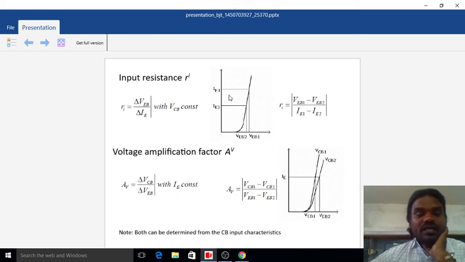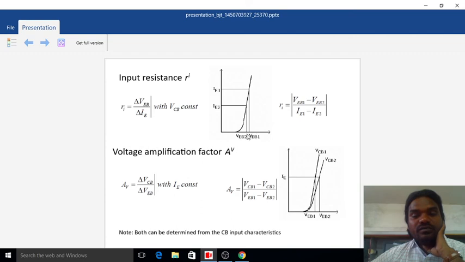From the input characteristics we can calculate two parameters. One is input resistance, the ratio between the input voltage and the input current. We are going with the approximate value, that is Ri, the AC resistance, also named the dynamic resistance: change in input voltage by change in input current.